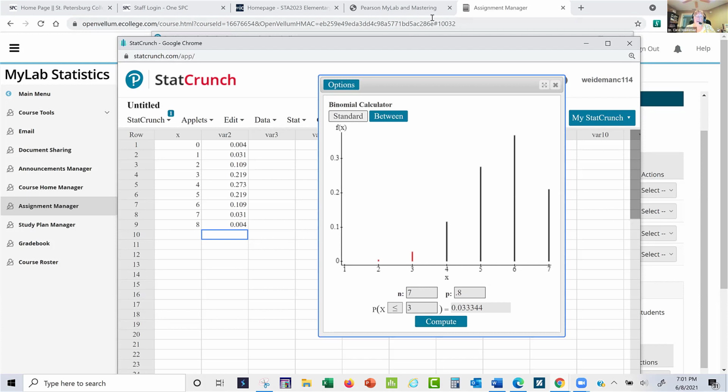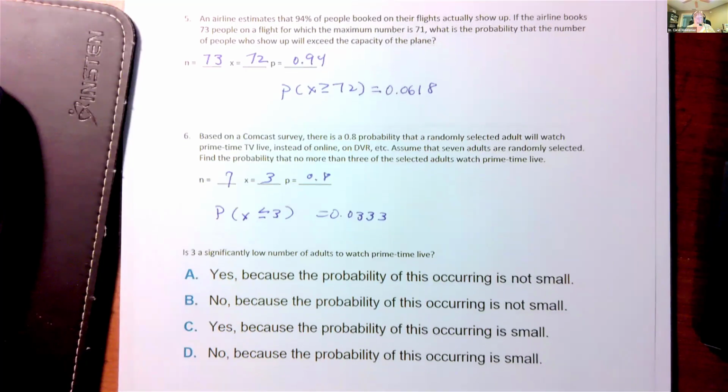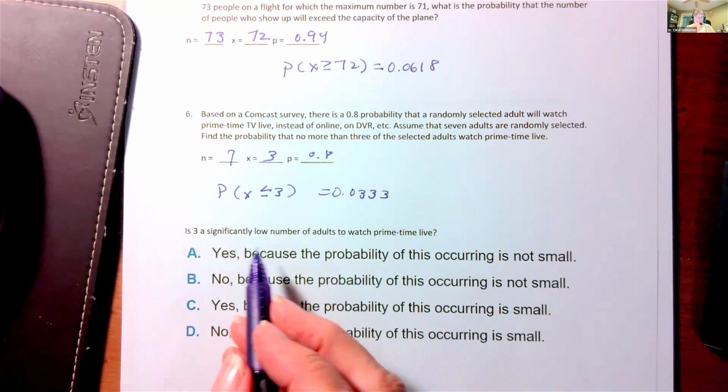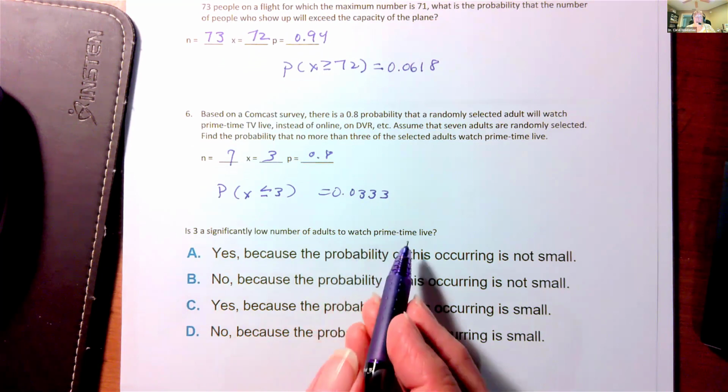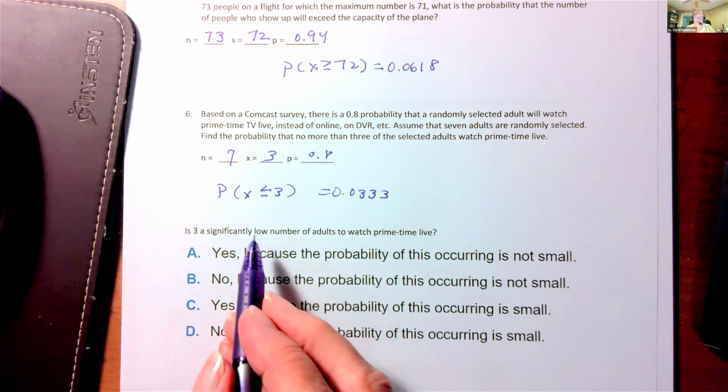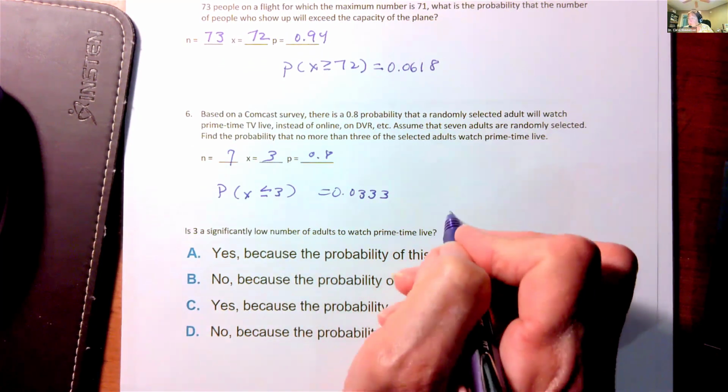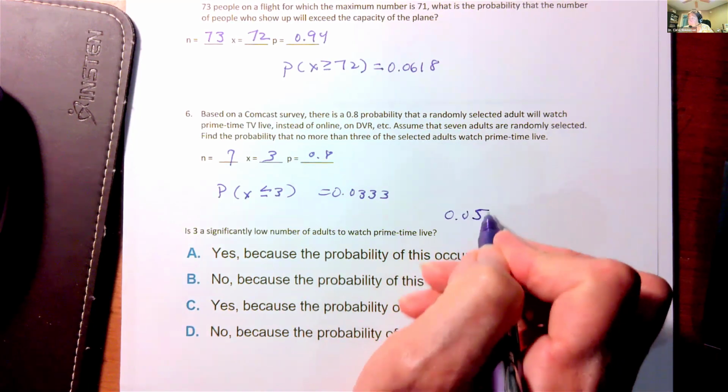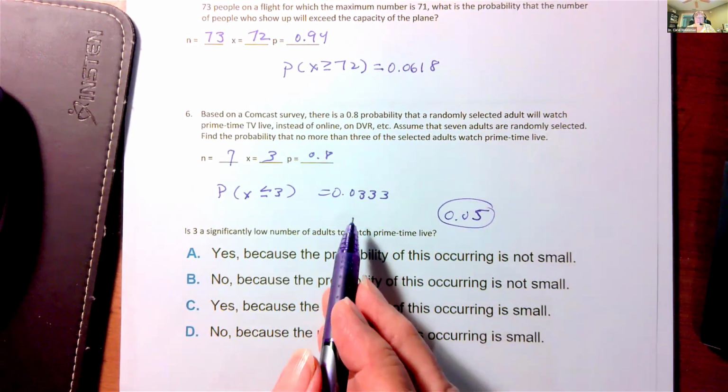Now there's a follow-up question for this one, which you're going to see on some of your problems. So I put it on this question so you could see what they might ask you. Is this 3 a significantly low number of adults to watch prime time live? Remember, significantly low, and the comparison was 0.05 or less. So is this significantly low?